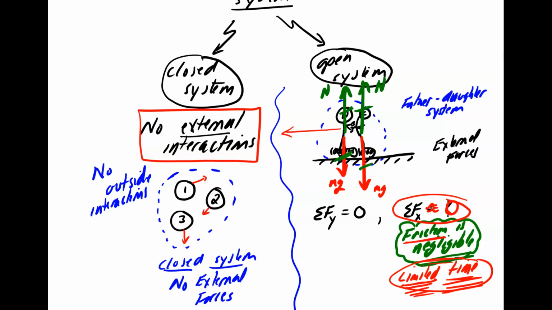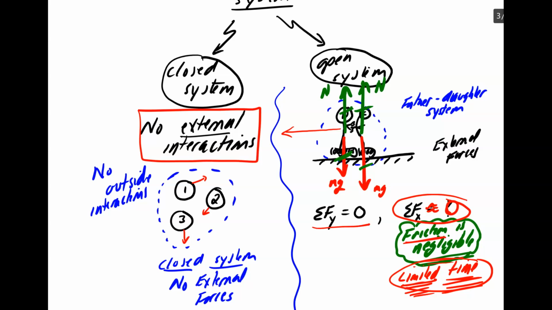We can still say that momentum is conserved if we can say that the sum of all the outside forces adds up to zero, and that would be the case here vertically. The normal force up is not tiny, and the gravity force down is not tiny. They are not negligible, but they add up to zero.